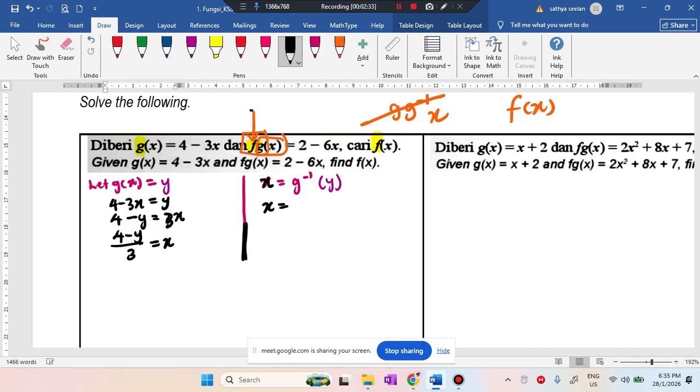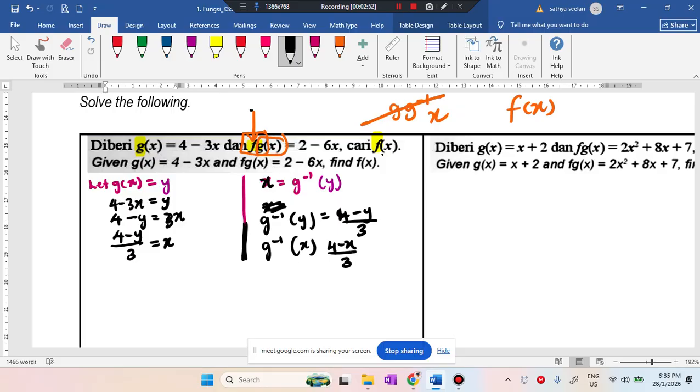So my x equals g inverse y. My g inverse y equals 4 minus y over 3. So g inverse x equals 4 minus x over 3.